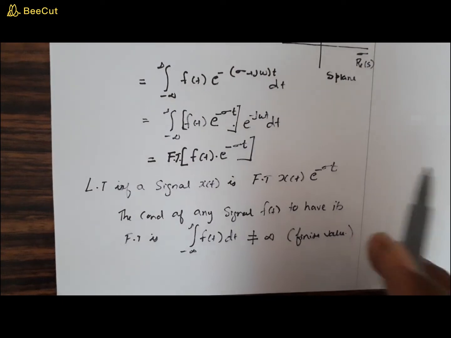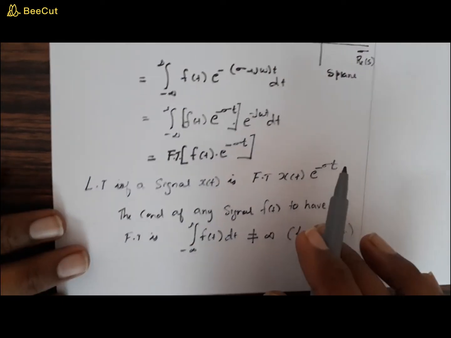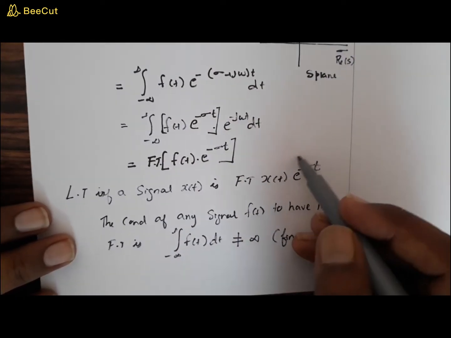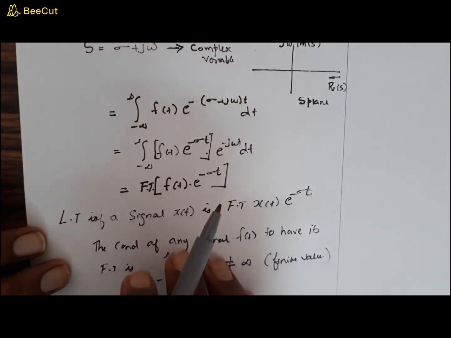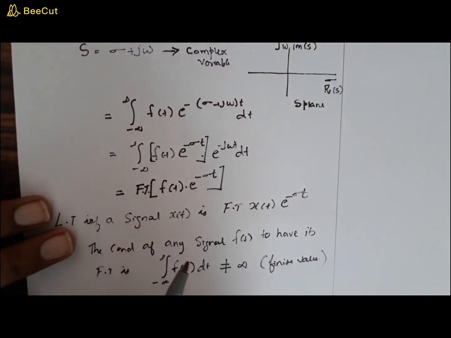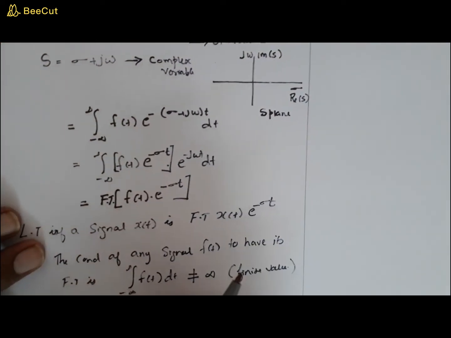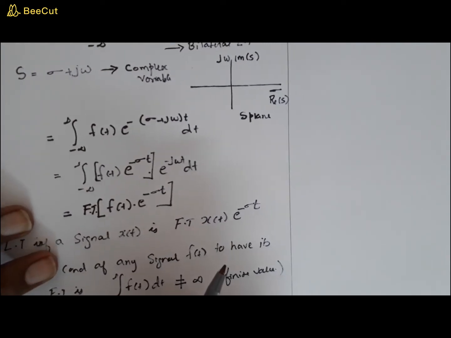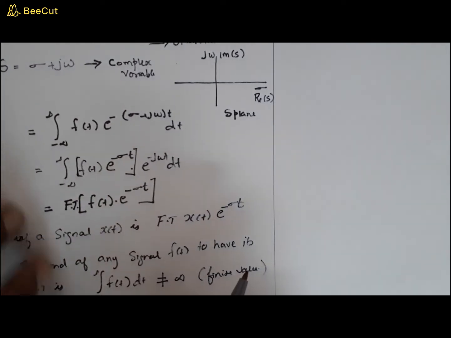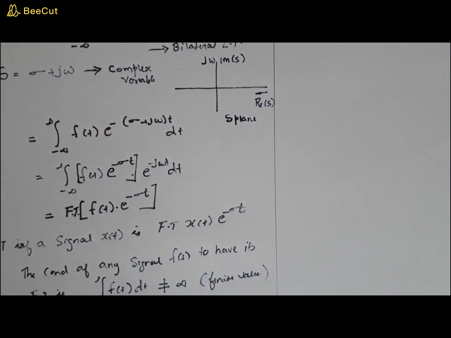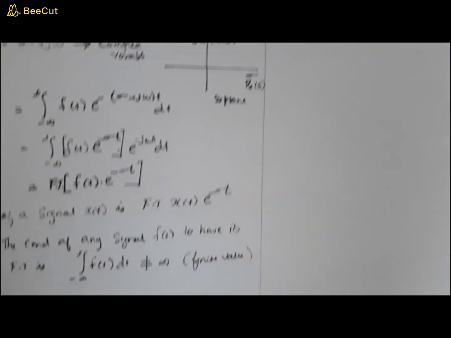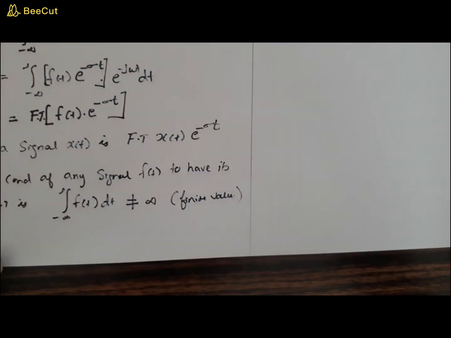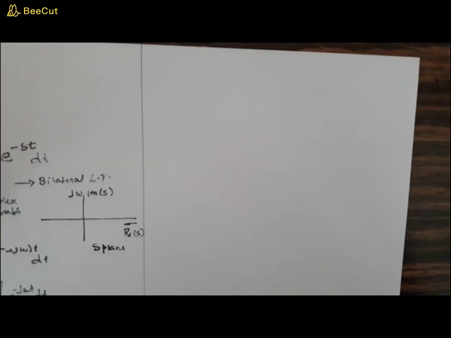Okay, so that is the speciality of e raised to minus sigma t, and it makes the Laplace transform act upon non-integrable signals as well. So for those signals which do not have a Fourier transform, you will have a Laplace transform. This is a very important concept that you need to understand.